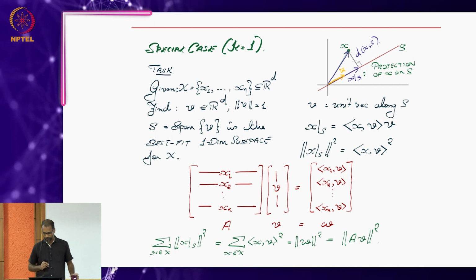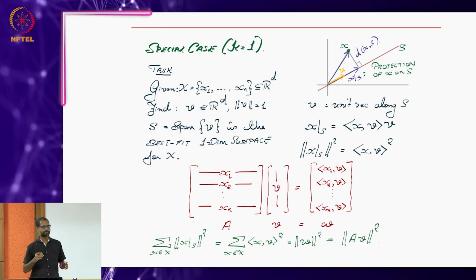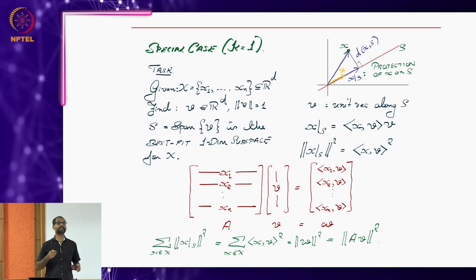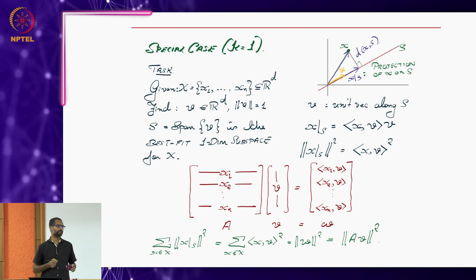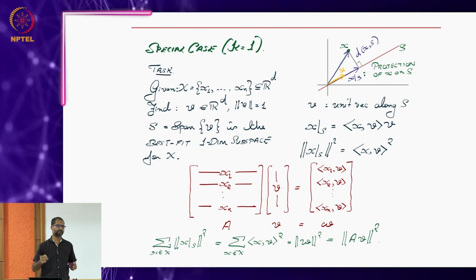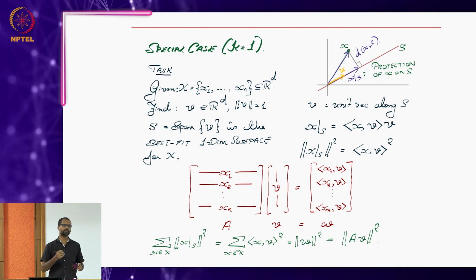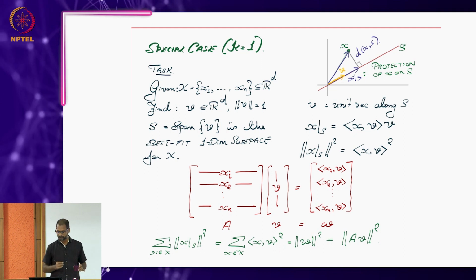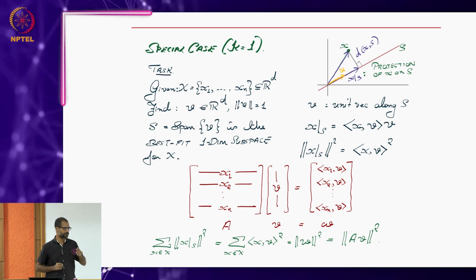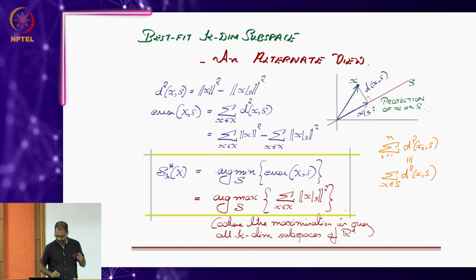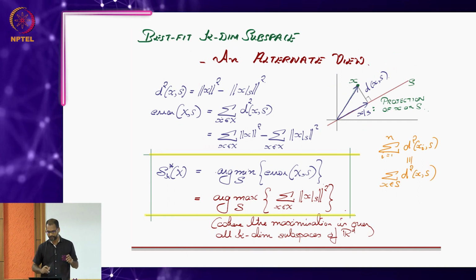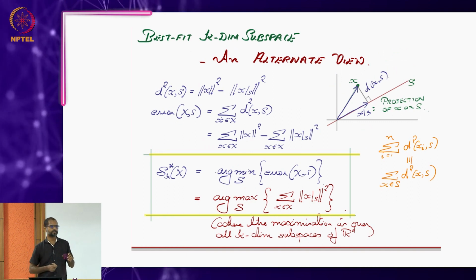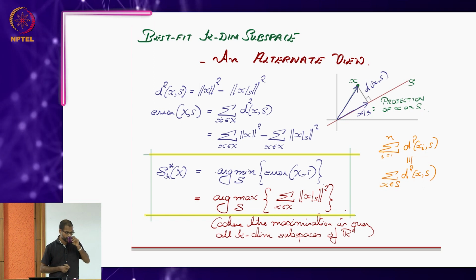Now, in order to get it into a more formal set of equations so that finally you can implement it on a computer, I would skip the final part of how that actual optimization is done, but I want to be able to express all that as a neat formula. This arg max over S, this thing in the red, I want to be able to express as a neat little formula.